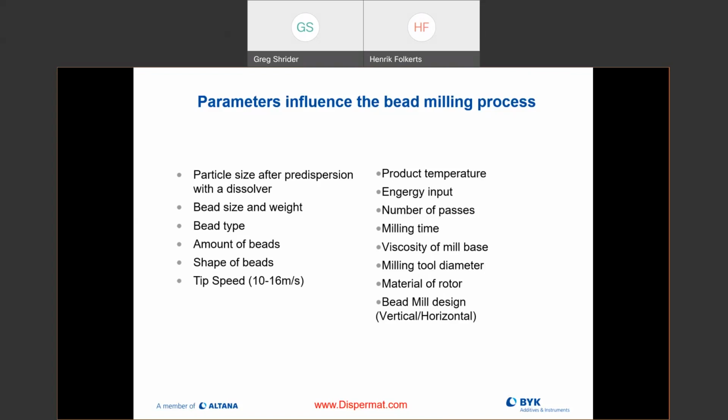If I'm using stainless steel, over time you can watch it happening: that mill base will turn gray. Why? Because milling is a very abrasive process. The beads will wear on your milling chamber and also your milling tool. These tiny shavings end up in your mill base, and if you do a color check, all of a sudden that beautiful white has turned into a gray color. The reason is that it was milled with stainless steel components.